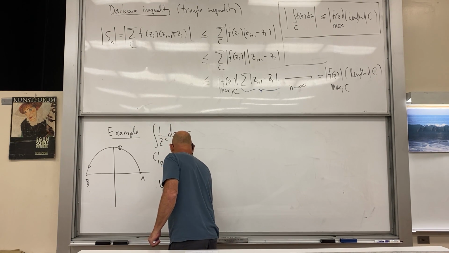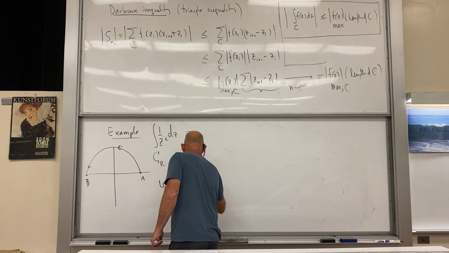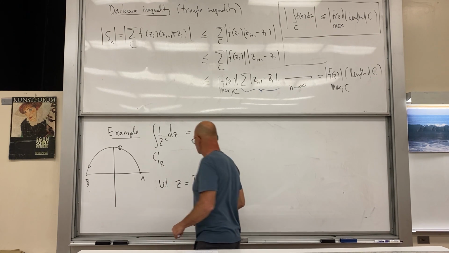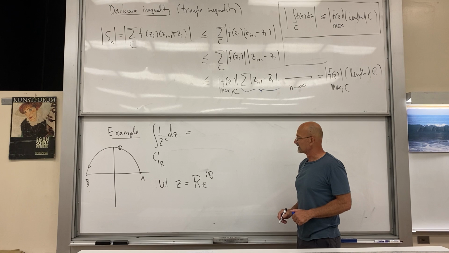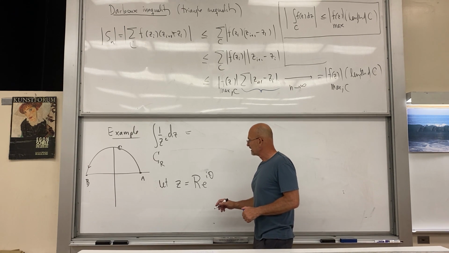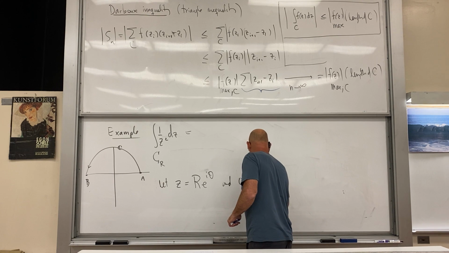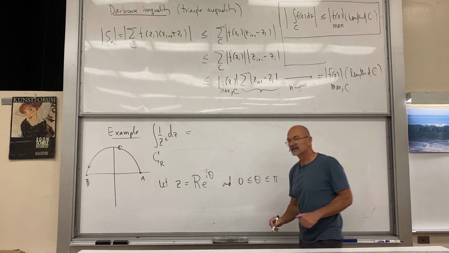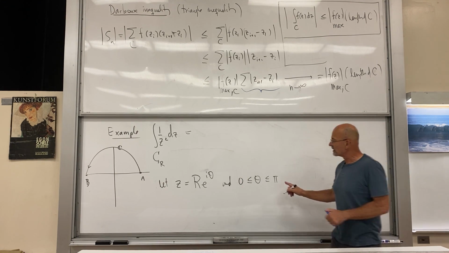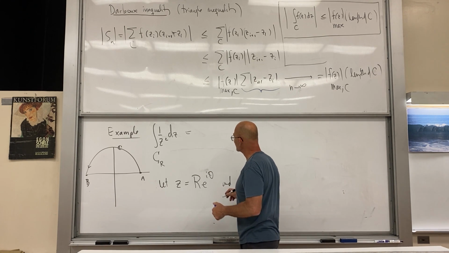Well, let z equal r e to the i theta, and we see that we're going to have 0 less than or equal to theta less than or equal to pi. So that will actually transform onto our contour there.